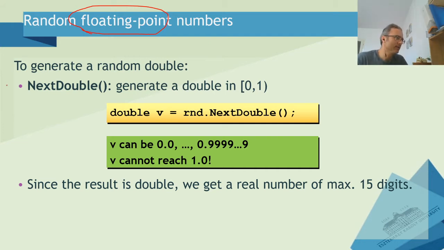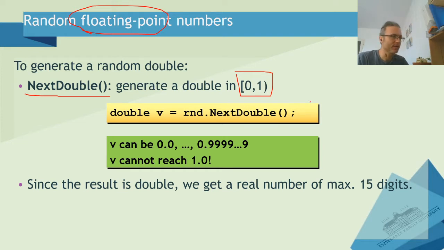So for this, in the .NET framework, you can use the nextDouble method inside the Random class. This does not have any parameters because the range is fixed. It's between 0 and 1. It's interesting that you are not even allowed to specify the bounds of the range, but this is a fact. You can only use this method for such a purpose.